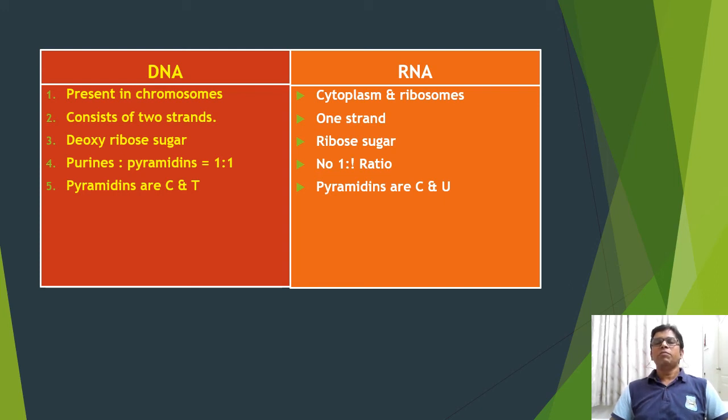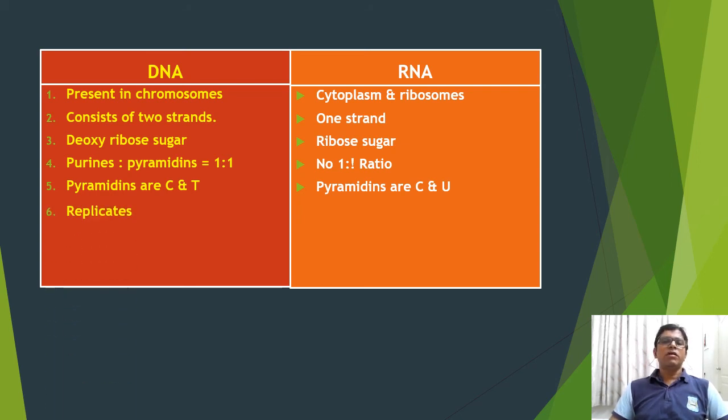Thymine and uracil are structurally similar molecules. There is only one difference. A methyl group is present on the fifth carbon of thymine, which is missing in uracil. That is the only structural difference between thymine and uracil.